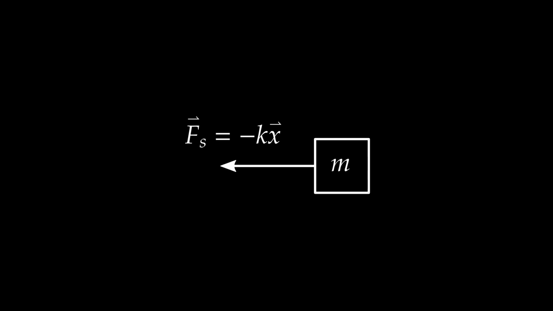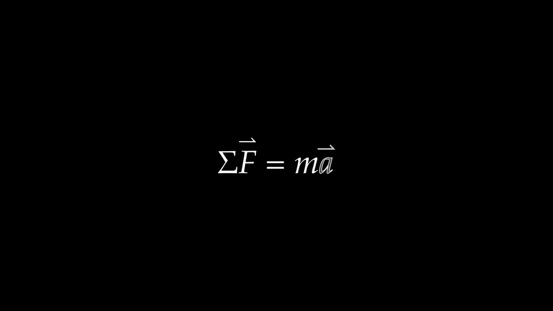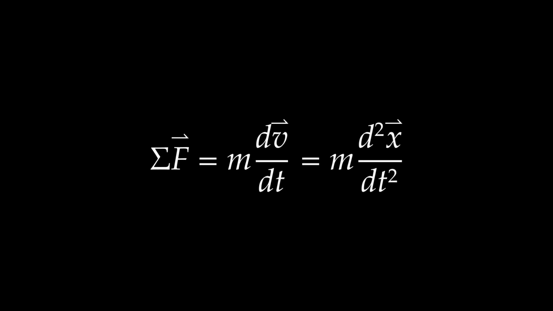Now I'll write Newton's second law for the system. Newton's second law dictates that the sum of all of the forces that act on the mass will be equal to the mass multiplied by the mass's acceleration. Now I'm going to jazz this up a little bit because we know that the acceleration by definition is equal to the rate of change of the velocity. So I'll replace the acceleration in my equation with dv/dt.